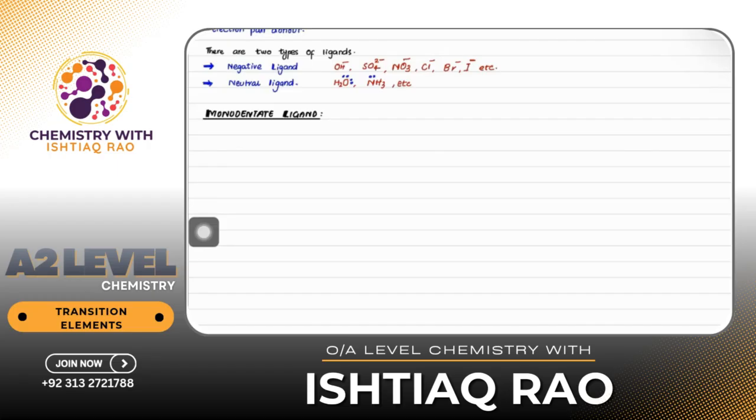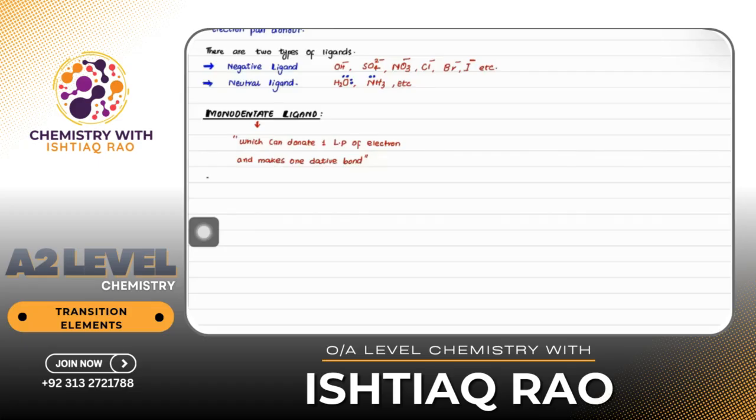Monodentate ligand. Then I can define monodentate ligand as the ligand which can donate one lone pair of electron and makes one dative bond. Okay. What are the examples?